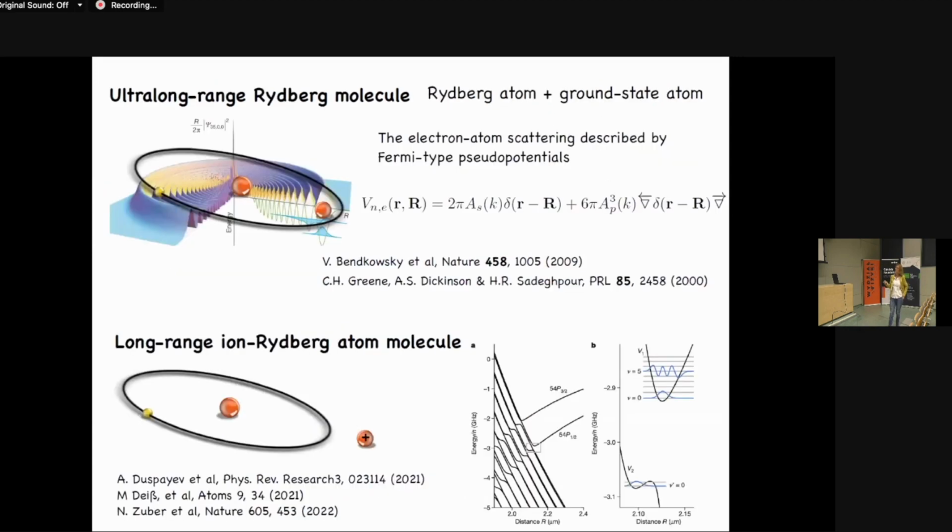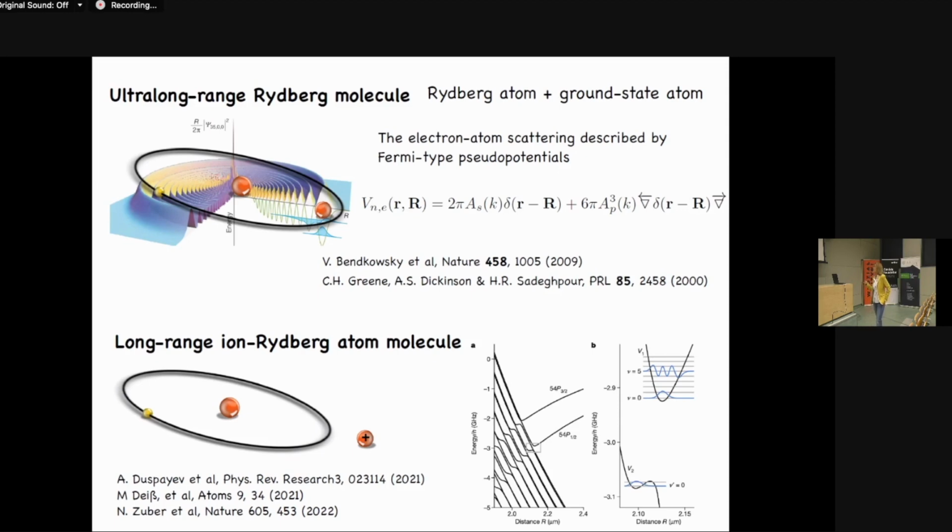It was in 2000 when Chris Greene and Hossein Sadeghpour theoretically proposed the Rydberg atom interacting with another ground state atom, and they would form this ultra-long-range Rydberg molecule. Here the ground state atom locally probes the wave function of the Rydberg electron, and we get this kind of oscillating potential, where the important point is the bound states where the molecule could exist.